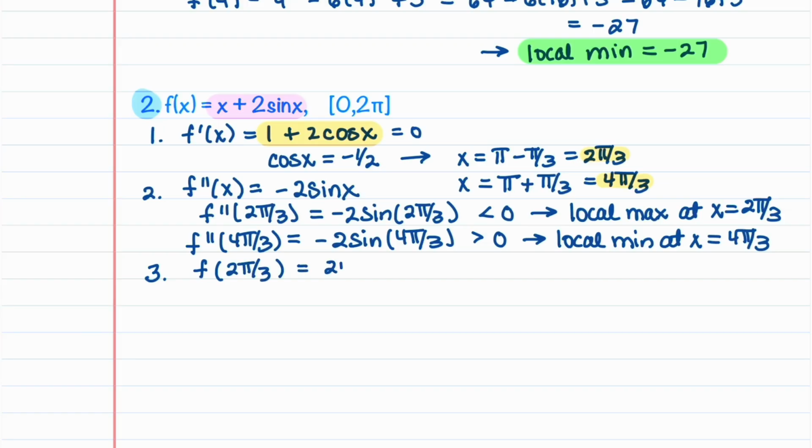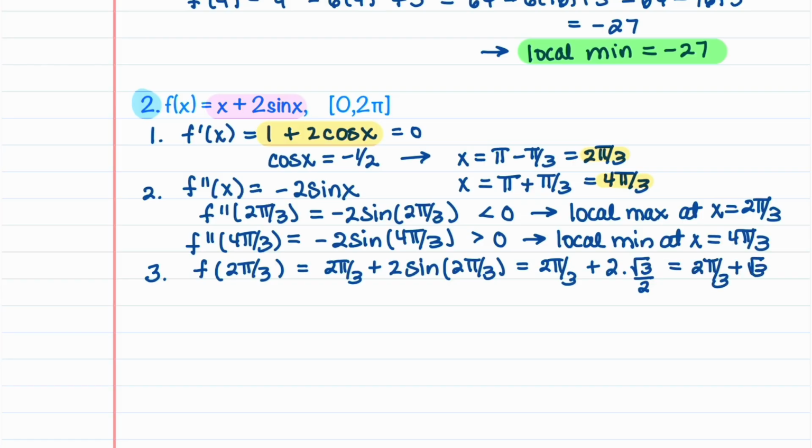This is 2 pi over 3 plus 2 sine 2 pi over 3. Sine of 2 pi over 3 is root 3 over 2. So we get 2 pi over 3 plus root 3. This is approximately 3.83 if you put it in your calculator.